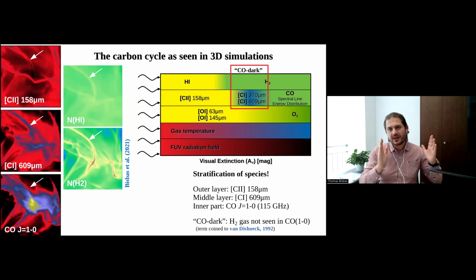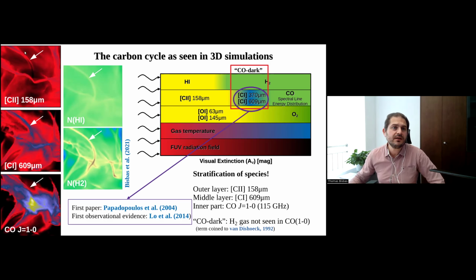And there is a good fraction of the gas that exists in galaxies that is molecular, but invisible to CO. And that's what we call the CO dark molecular gas. It's actually a term that was introduced by Van Dishoeck in 1992.